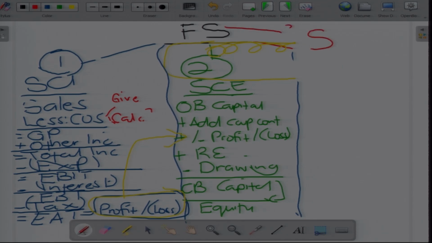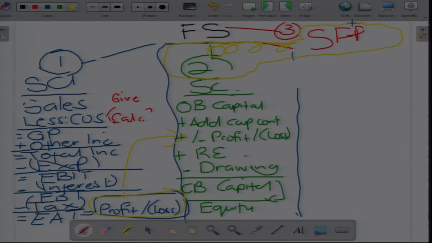Statement 3 of financial position. Right? So this is the statement of financial position. Just trying to make space here.